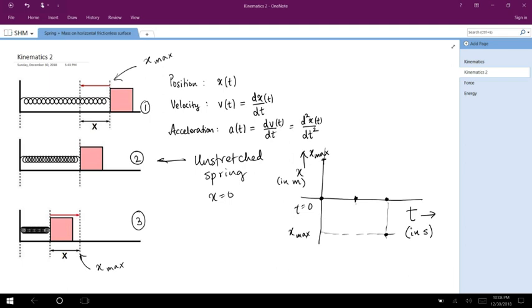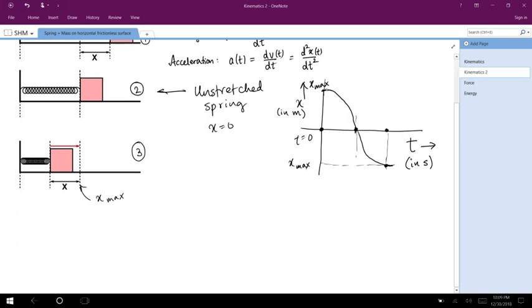As the block gets closer and closer to this middle point over here, the change in displacement becomes more and more rapid. So the change would initially be shallow, then it's going to increase, keep going like this, and then at the end it's going to become more shallow. Okay, that's our position versus time graph.